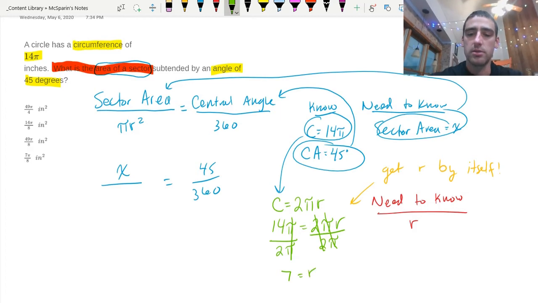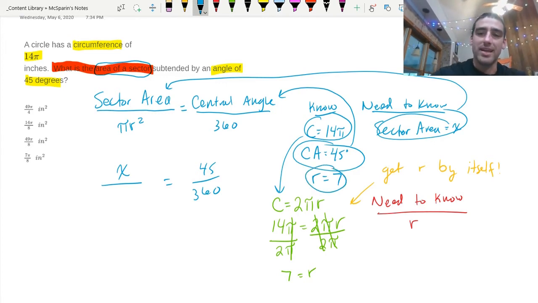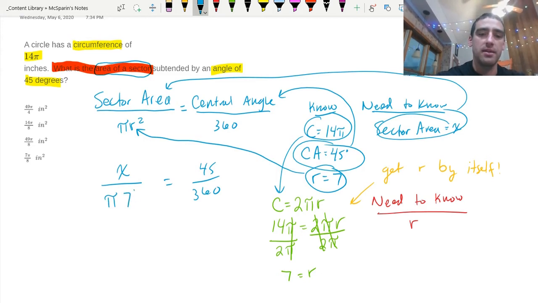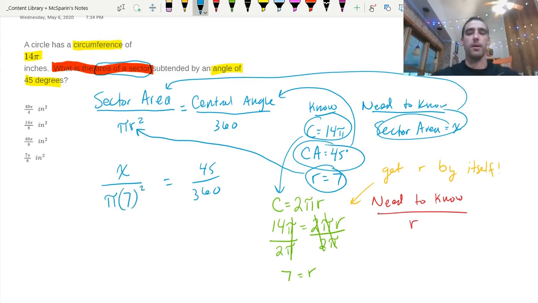So my r is 7. So now check out what I do. I go up here, and I'm going to put in r equals 7 as one of my knowns. And guess what? Now I can take that and put it there. So now I'm going to have pi times 7 squared.